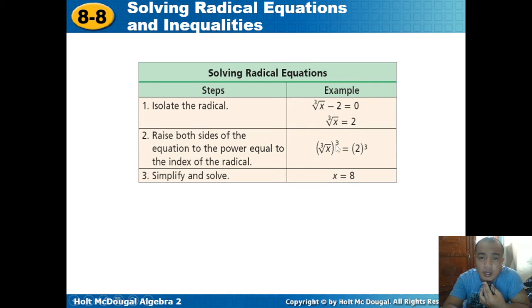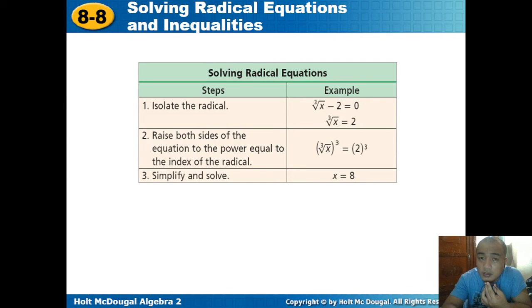So pag square root, raise square both sides lang. If fourth root naman, you raise both sides to 4. And then simplify and solve. So, for cube root of x cubed, it's x. Diba? This is the one low radical. Nth root of a raised to n is a.